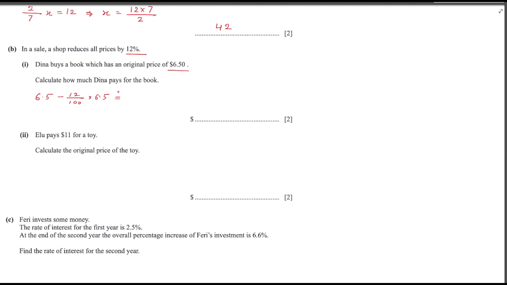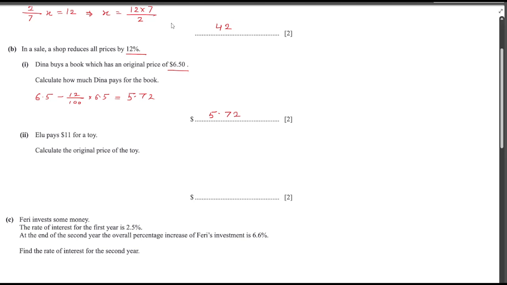So 6.5 minus 12% of 6.5 gives me 5.72. So $5.72 is your final price.